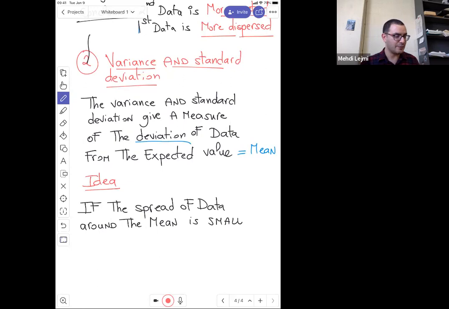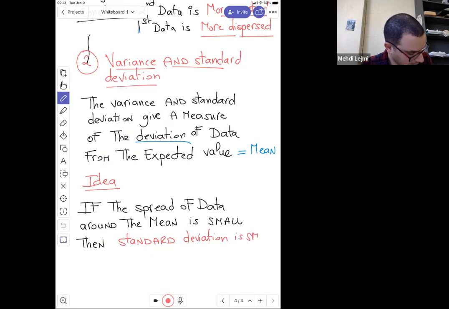Then the standard deviation is going to be a small number.